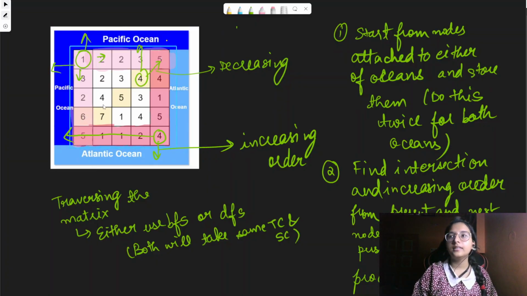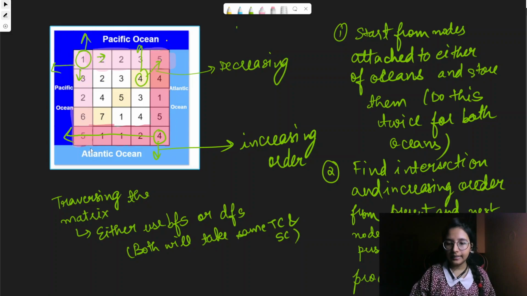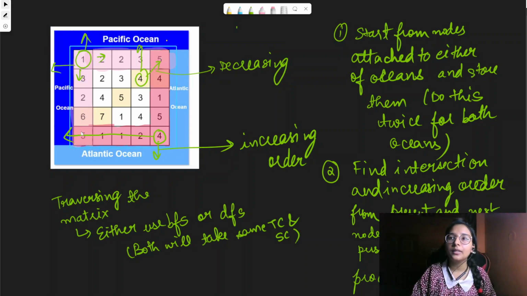So here you can see the first example which is given, right? We will be checking all the nodes which are connected with the ocean, meaning the Pacific Ocean. Then we will start a traversal from there, and as it is a grid, we can do either a BFS traversal or a DFS traversal, both will work the same.